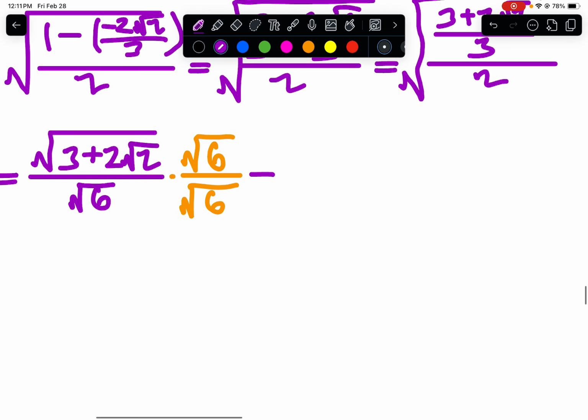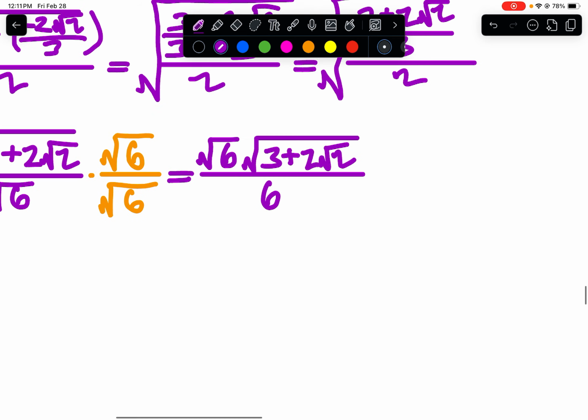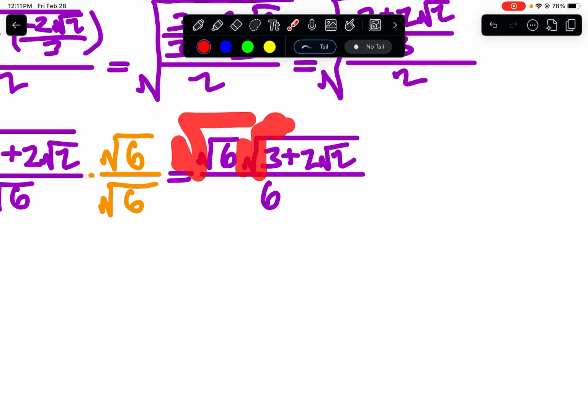I'm going to pause in the next step. So I'm going to do root 6 times the square root of 3 plus 2 root 2, and that's going to be all over 6. Now I'm going to pause. What I want you to notice is how we have square roots here and here.